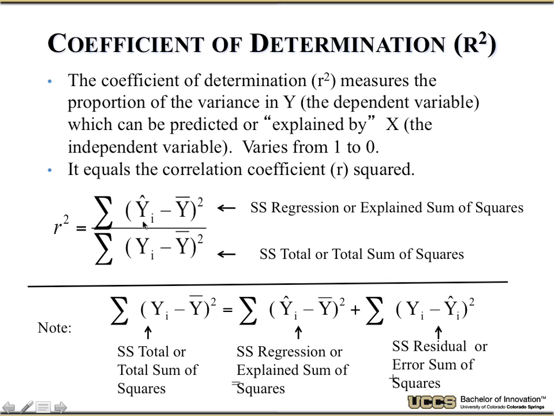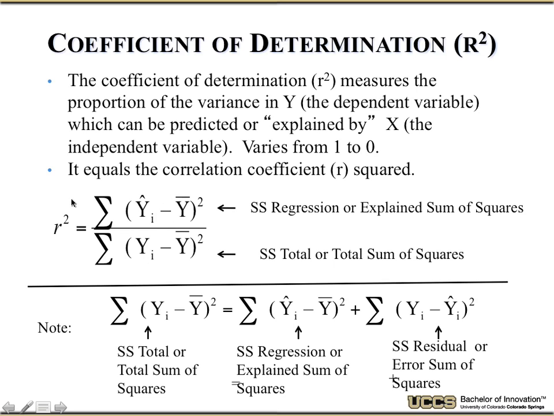The formula for that is the sum of y hat minus the mean, squared, which is really just the sum of the squared errors for the regression, divided by the total sum of squares, which is y i minus y bar, right? So both have y bar, the average of y, but this one uses the raw data and this one uses the predicted data.